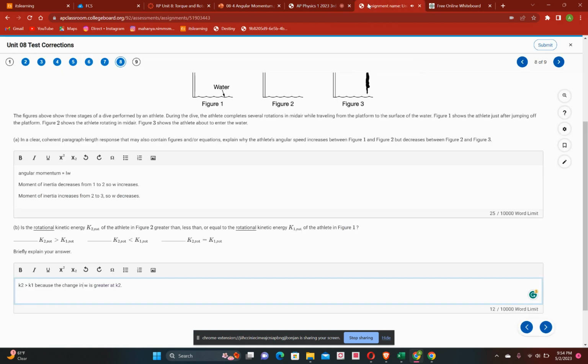Both moment of inertia and omega are changing the same amount, but omega is being squared when you're talking about kinetic energy, which means it would cause kinetic energy to increase more. Does that make sense?